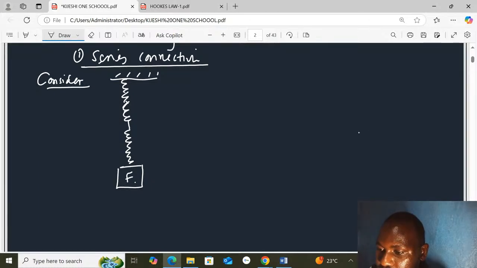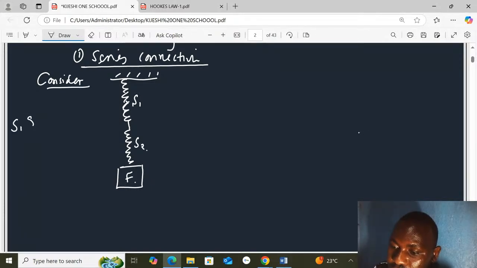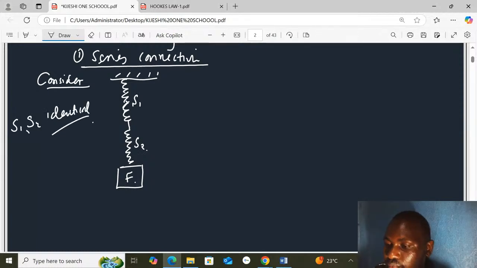This is S1 and this is S2. But S1, S2, these are springs, they are identical. Therefore, we need now to move on to derive and work out the spring constants.